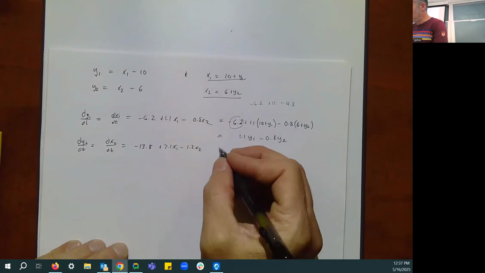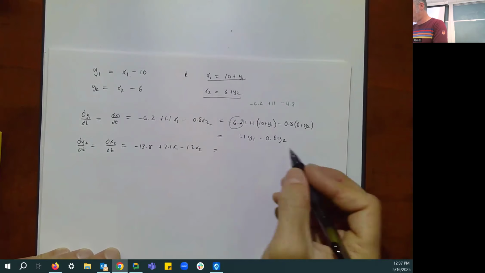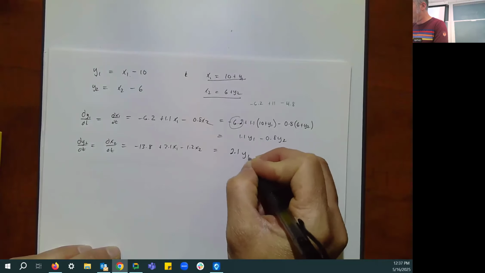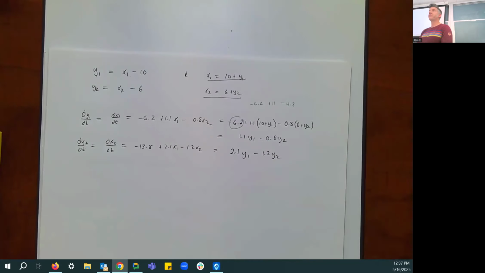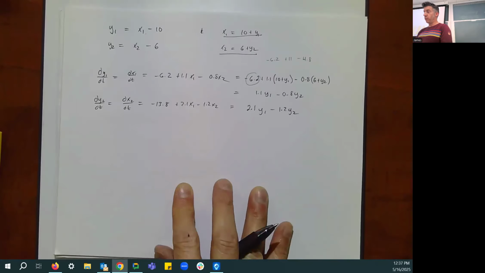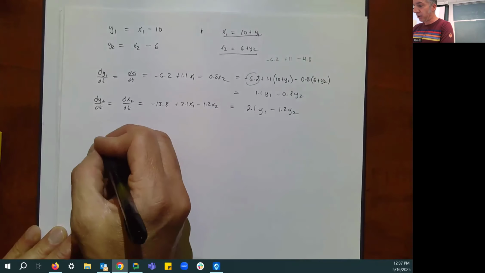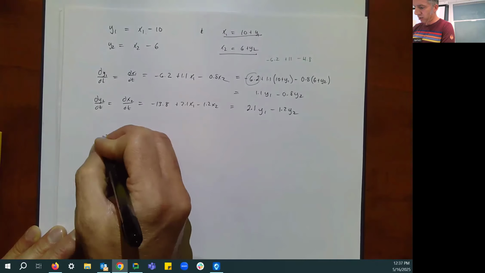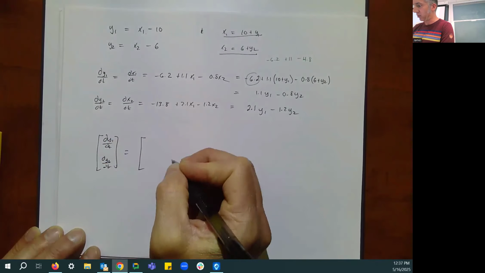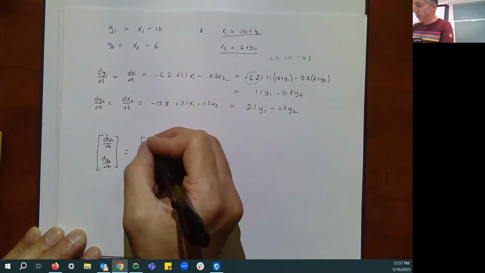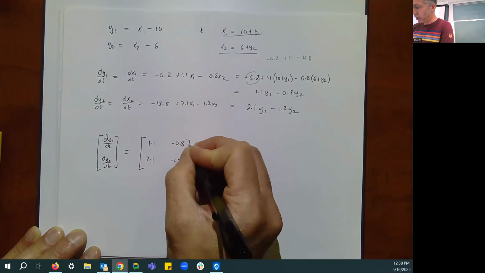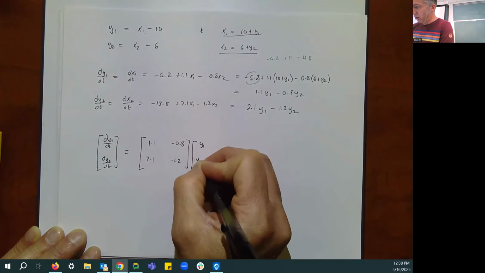Similarly, I'm not even going to show the work, this one ends up being 2.1 times y1 minus 1.2 times y2. That should always happen when we do this. So your new variable-change system is dy1 dt, dy2 dt equal to the same matrix actually, 1.1, negative 0.8, 2.1, negative 1.2, times y1, y2.